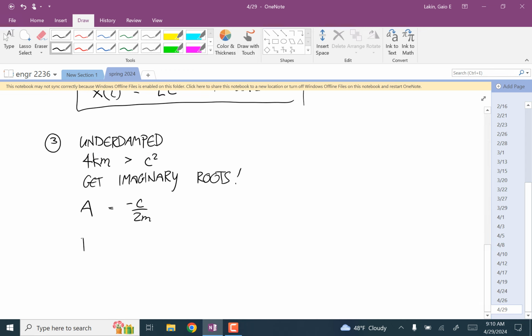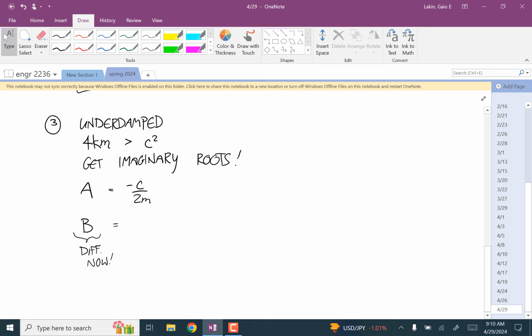And I'm going to define B. This is different now. This is going to be the square root of 4km minus c squared over 2m. Before, because c squared was bigger than or equal to 4km, our b was the square root of c squared minus 4km. We just flipped the two things in the square root.